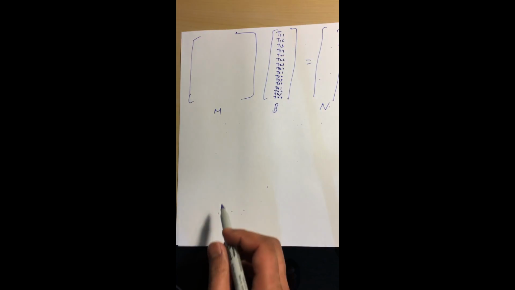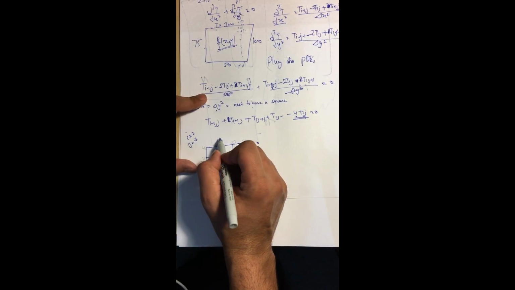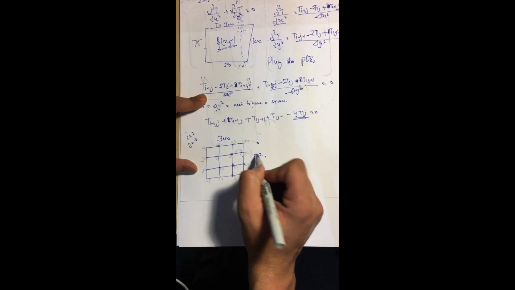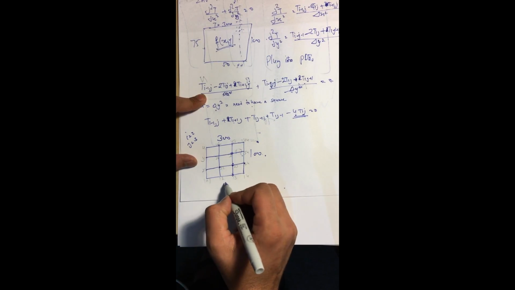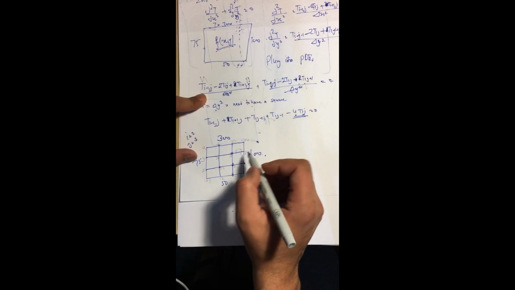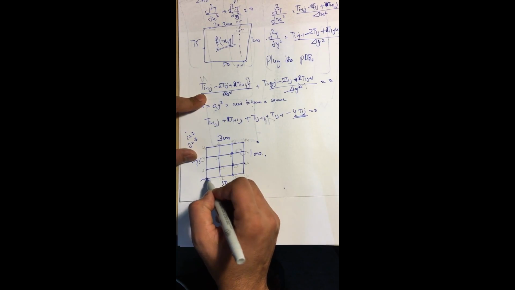So we know our boundary conditions that I told you: T is 300 at the top, 100 at the right side, 50 at the bottom, and 75 at the left side. So our T11 will be this point.